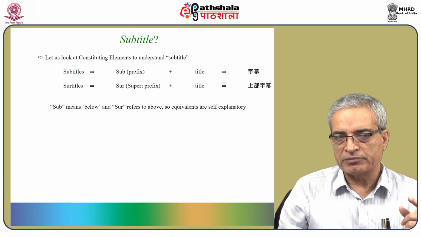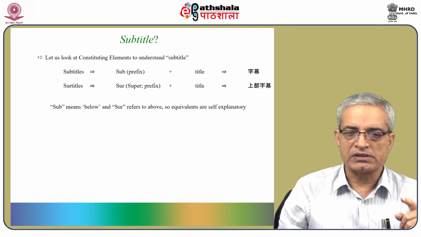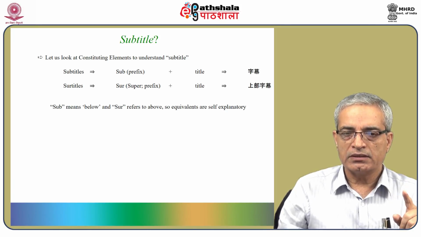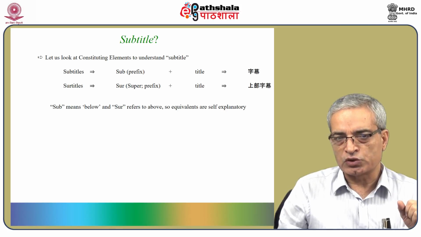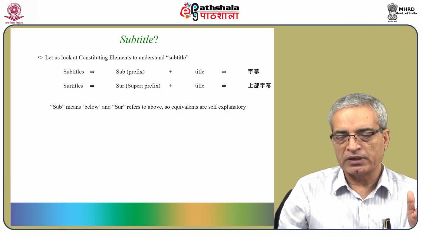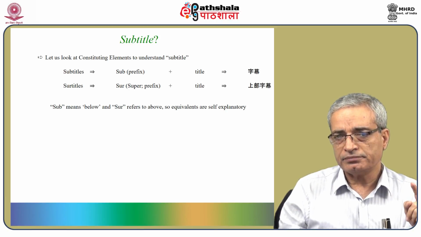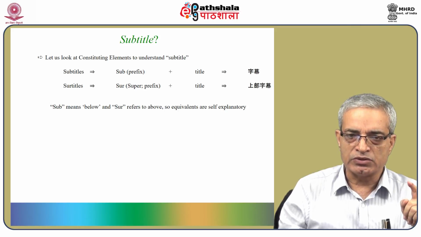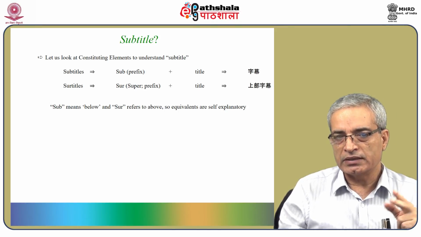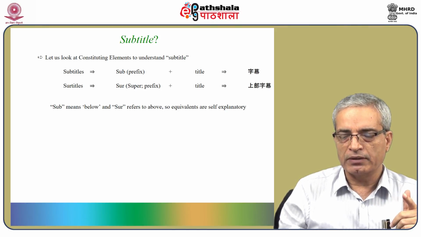To understand this, let me give another example. It's called surtitle. Surtitle is also called supertitle or superscript, and the surtitle comes on the top of the screen. If you see the equivalent in Japanese, it's jobu jimaku, and jobu means upper part.